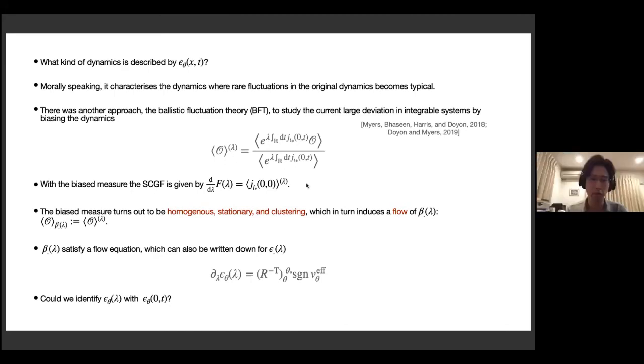So the time integrated current scales linearly in T, right? Not for a diffusive process, right? I mean, for a ballistic case, at least. Yes, so of course there is a matter of scaling.